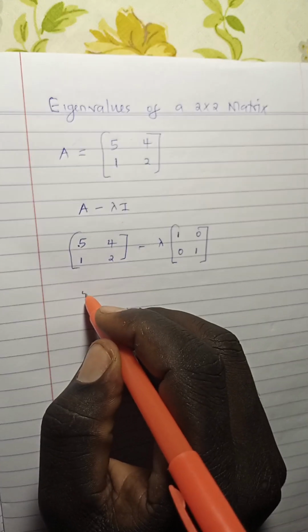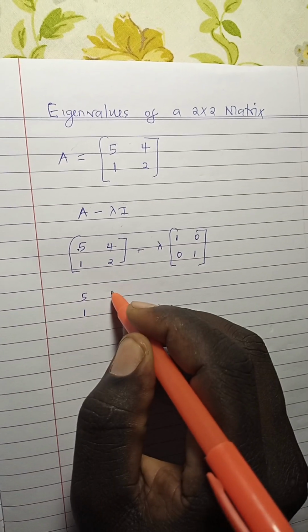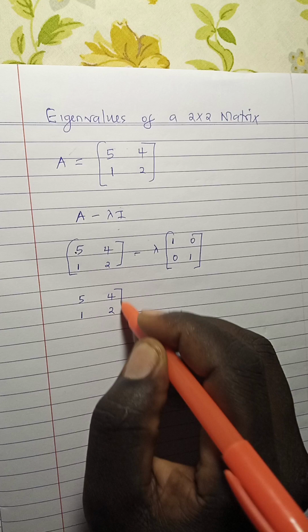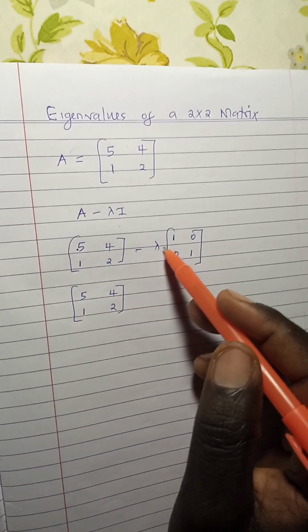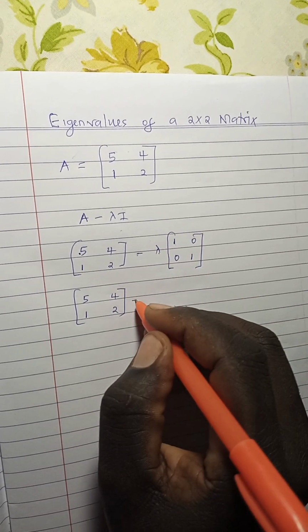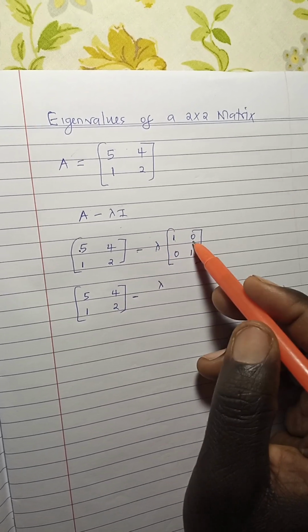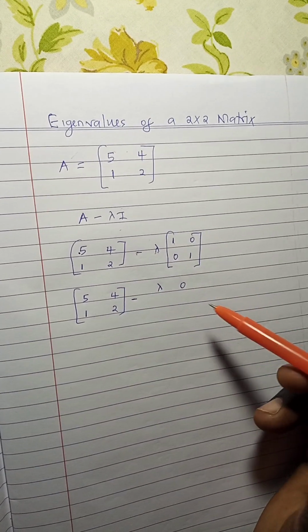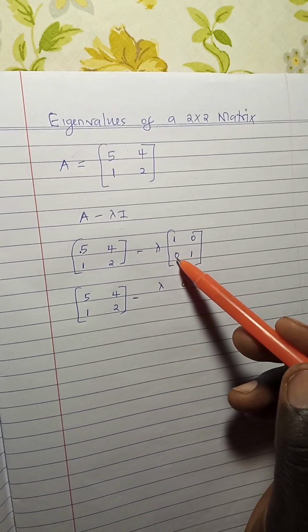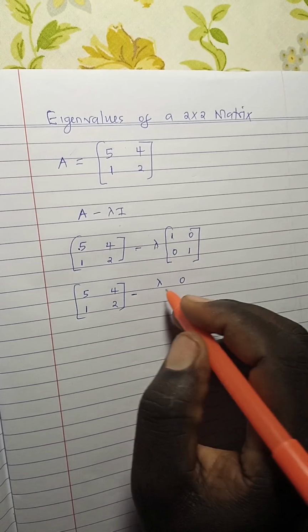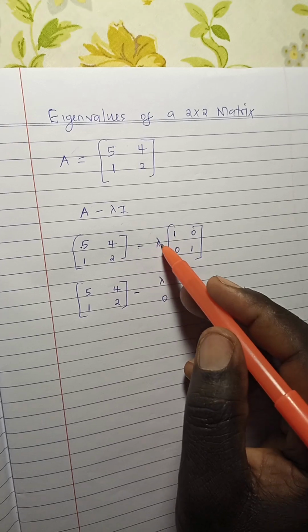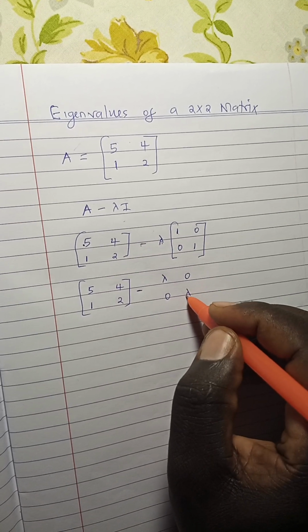We will have 5, 1, 4, 2, then minus lambda times 1, which will be lambda. Lambda times 0 will be 0, lambda times 0 will be 0, and lambda times 1 will be lambda.